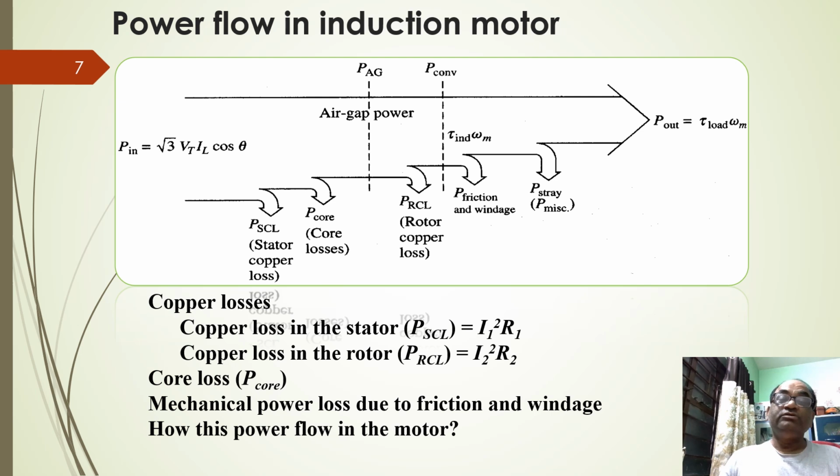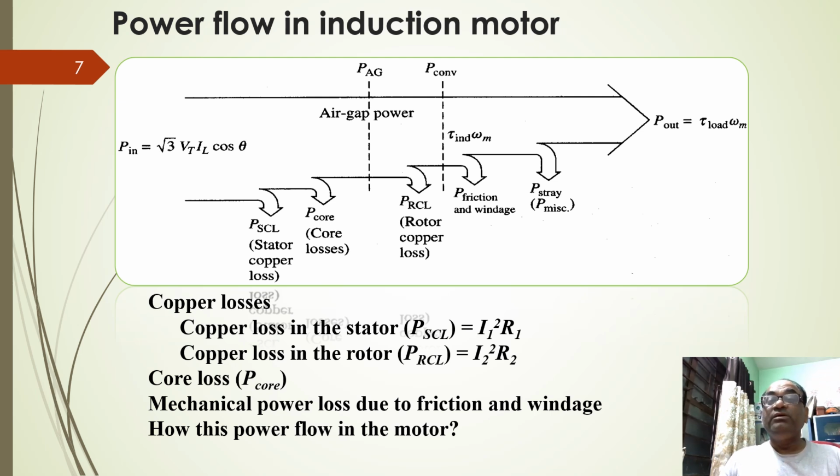And these losses will also be there in the rotor. So if you subtract all these three or five types of losses, the rest of the power available on the shaft can be transferred to the mechanical load, and that is called the output power of the motor.